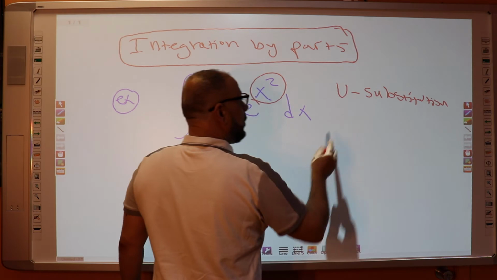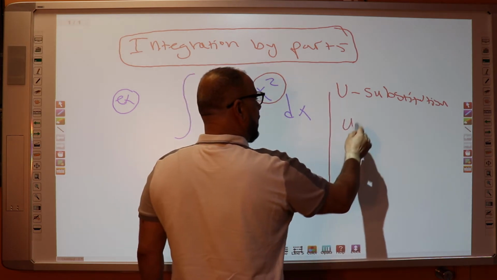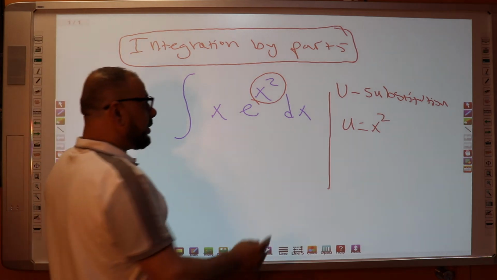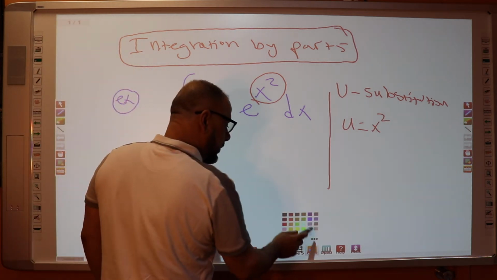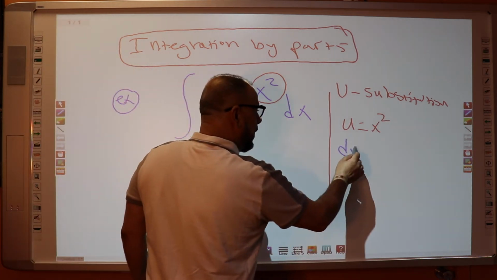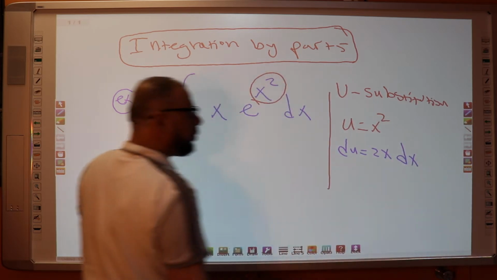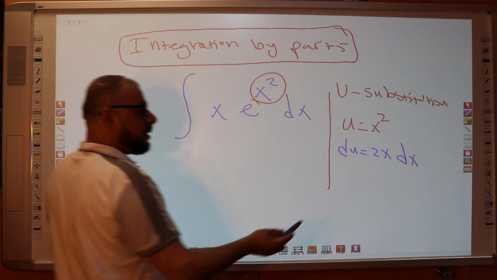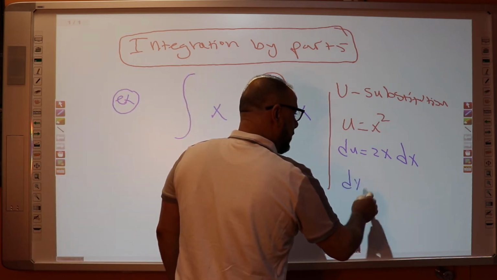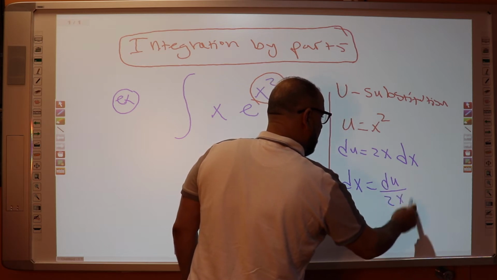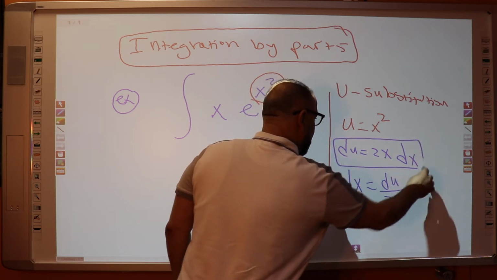Then my u is x squared. Then my du is what? 2x dx. I'm reviewing with you the u substitution. Now dx equals du over 2x. Am I right, guys? Yes, I think I'm right.